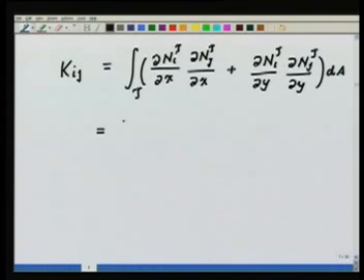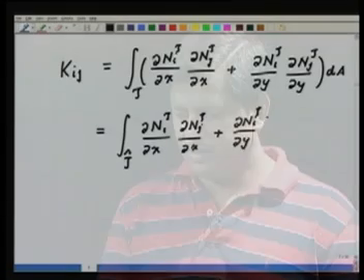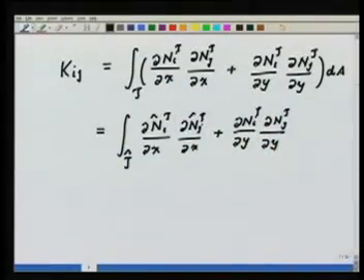This, as we had said, is equivalent to doing the integration over the master element tau hat of del ni tau del x del nj tau del x plus del ni tau del y del nj tau del y, now represented as functions of psi eta, into the Jacobian into dA hat.